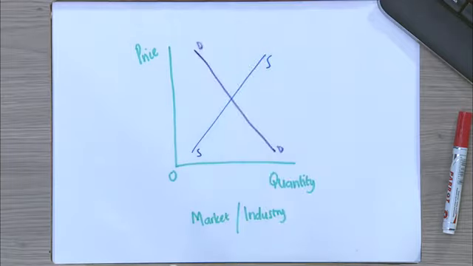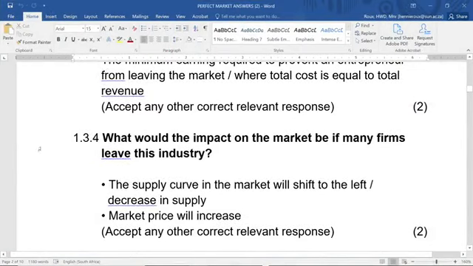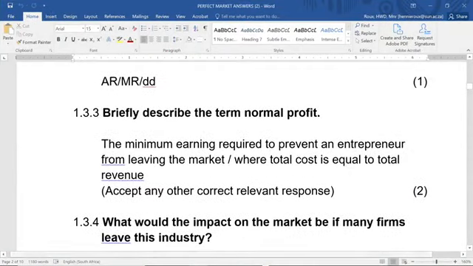And we said where demand and supply meets, that is where the price will be formed. Now, if we just go back up to that other question very quickly, 1.3.4, what would the impact be on the market if many firms leave this industry? So when firms leave the industry, it means your supply is going to decrease.